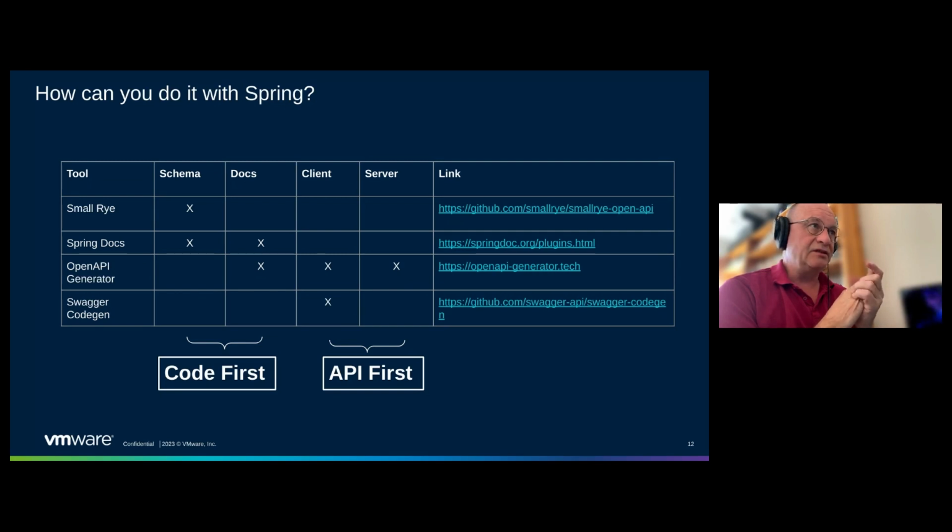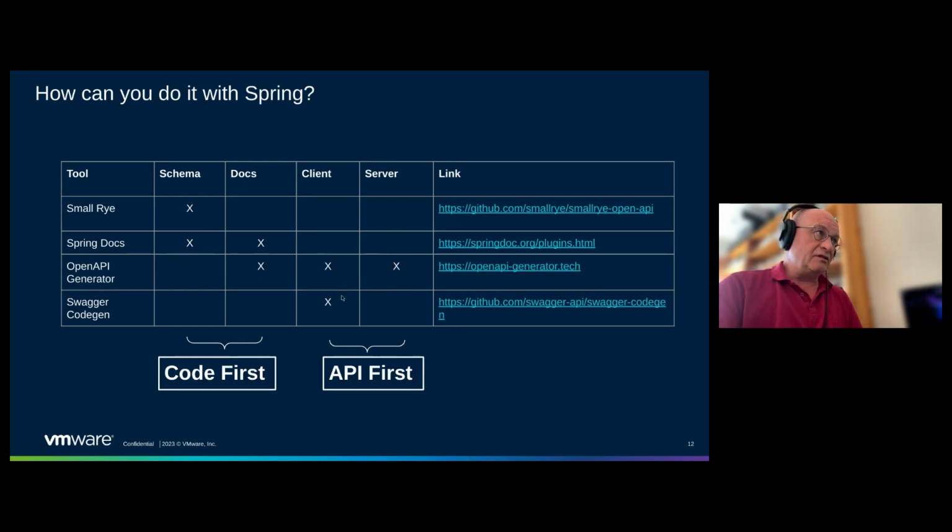And so you can generate client code, server code, you can generate documentation, you can generate code in many different languages with many different options. You can do Spring Boot 2, you can do Spring Boot 3, you can do whatever you want, basically. There's an option for it there. And so many people who do API first are using this OpenAPI Generator toolset.